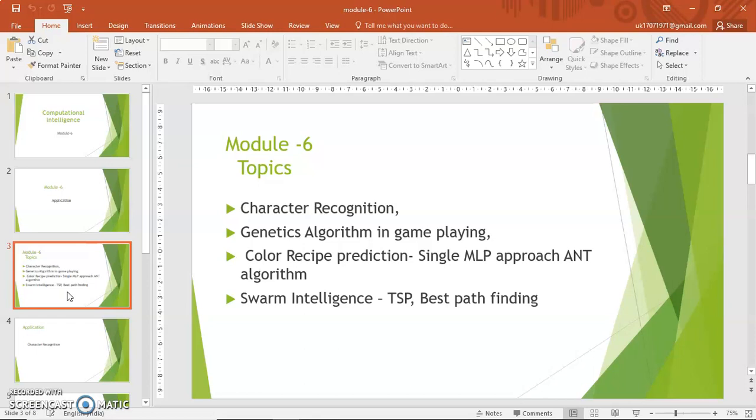As we know, we have worked with something called the traveling salesman problem. In this traveling salesman problem, we have seen that the salesman has to visit all the cities which he has been assigned.